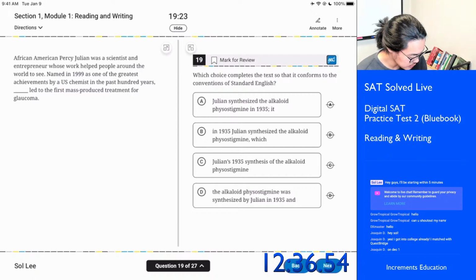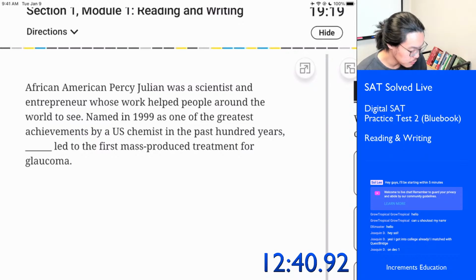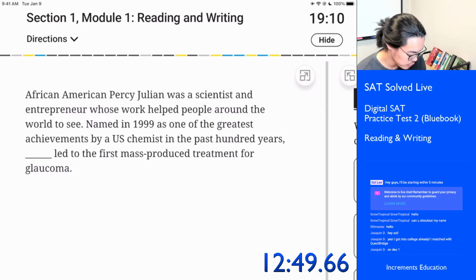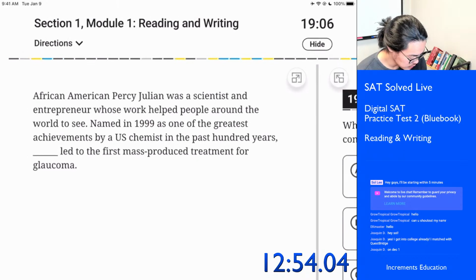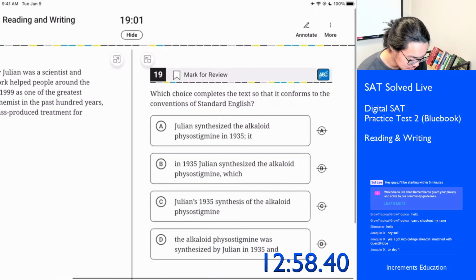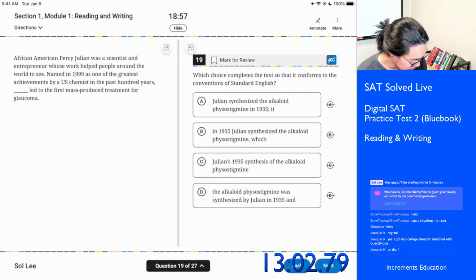Percy Julian was a scientist and entrepreneur whose work helped to. You know what? I will zoom in, because I do think it makes it clear where I'm looking, even though it's much more difficult for me. Was a scientist and entrepreneur. See, what's difficult about the digital SAT is there's no placeholder, so I need to see a sentence, right? So it's harder to stream this. Okay. Named in this, Julian.